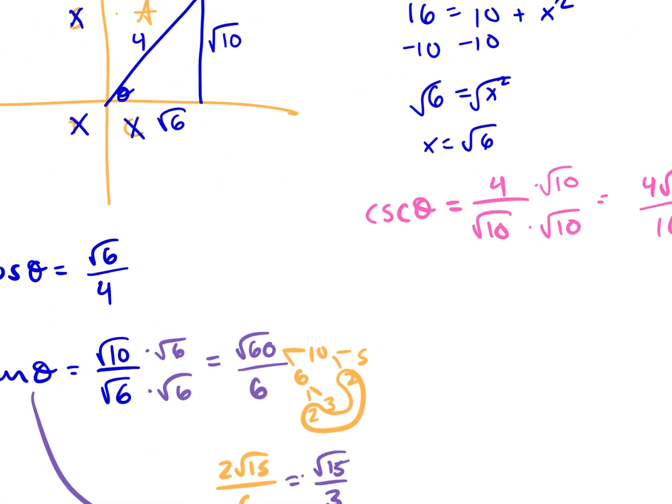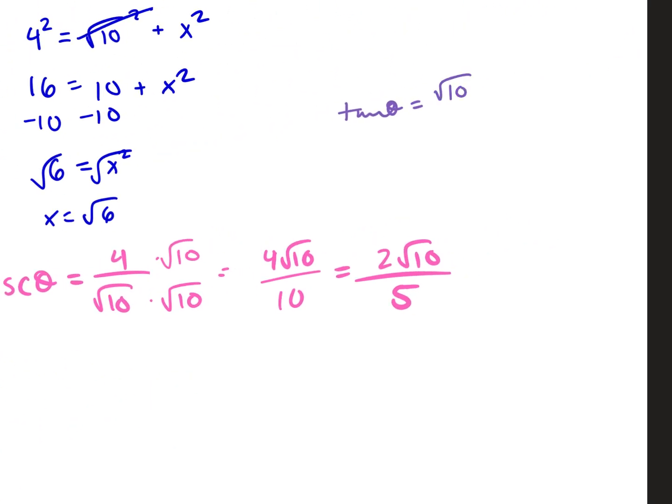It would be easier if you did it to start: square root 10 over square root 6. You can make it all under 1 radical and then simplify, which would be 5 over 3, and then rationalize. Because we would have to split it back up and multiply the top and the bottom by square root 3. So I think simplifying it before would be easier, but they both work.